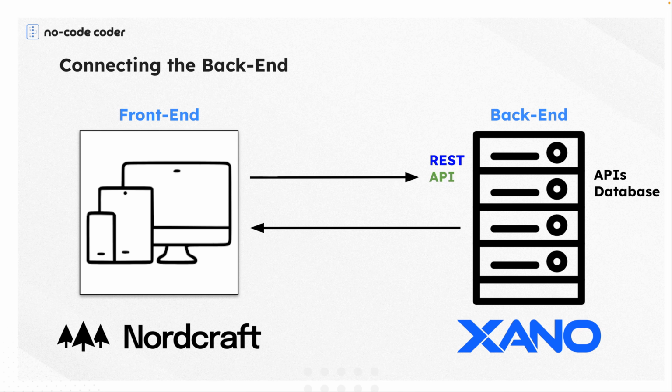REST APIs are just a type of API that the industry has effectively standardized on over the last decade or so. It's so that every system can talk to other systems, knowing that there's a standardized type of API to call. Again, don't worry about it. You don't even need to know what it stands for. It's just a matter of if you see it, you know what it is.